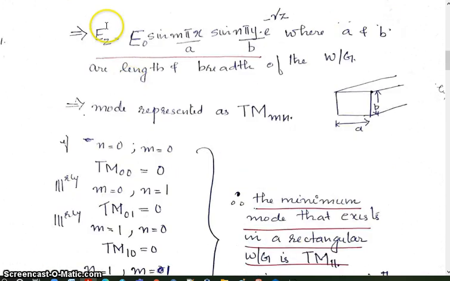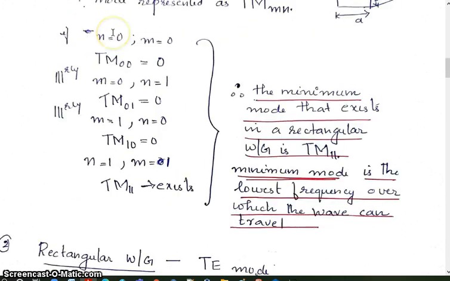And n equal to 1, m equal to 1. In this case, this Ez will have a value. Hence, this mode is supported by the rectangular waveguide, and this is the minimum mode that exists in a rectangular waveguide, and this minimum mode has the lowest frequency over which the wave can travel.